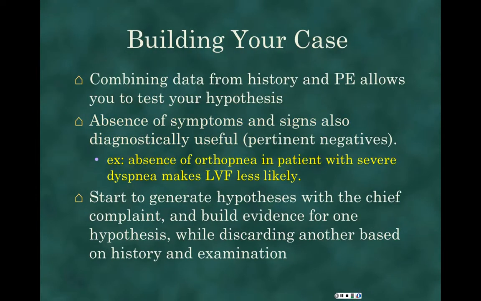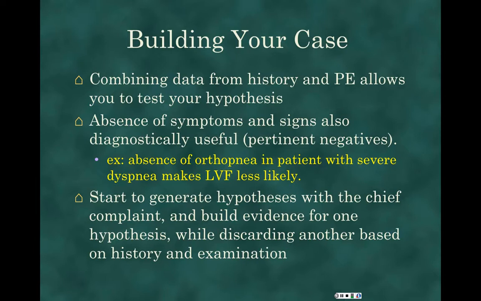Combining your data from the history and the physical allows you to test your hypothesis. The absence of symptoms and signs, also diagnostically useful, are called pertinent negatives. It's important to record your pertinent positives and your pertinent negatives, as these help you in determining your final diagnosis.